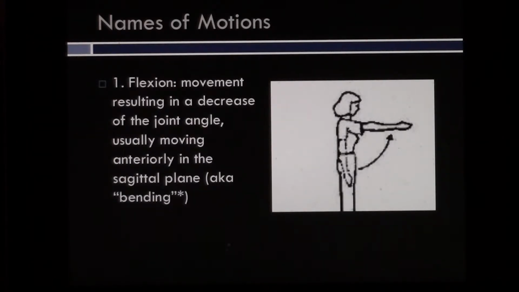A couple points to make about this confusing definition. Usually moving anteriorly, because I know that you can bend your knee, and that would be knee flexion, but knee flexion does not happen anteriorly. It actually happens posteriorly. If you're just standing and you bend your knee, now your foot goes posteriorly. It goes toward the back of your body.